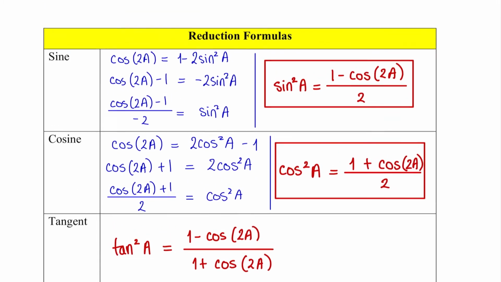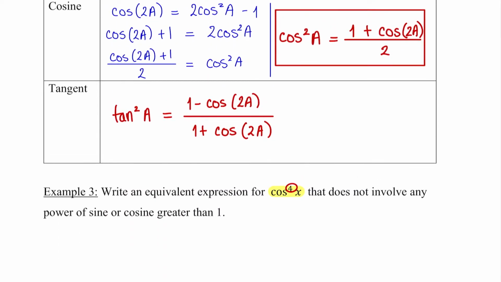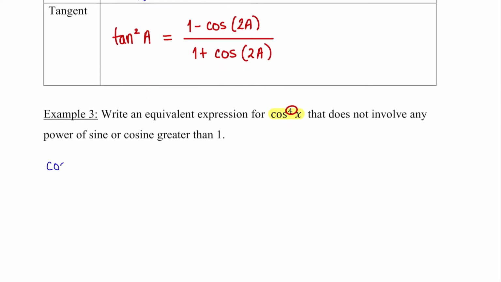That is when I need to reuse the reduction formula. The first one I'm using is the reduction formula for cosine. So the reduction formula for cosine comes with cosine squared. So I'm going to rewrite cosine to the fourth into something with cosine squared. Cosine to the fourth x is equivalent to cosine square x, squared. 2 times 2 is 4.